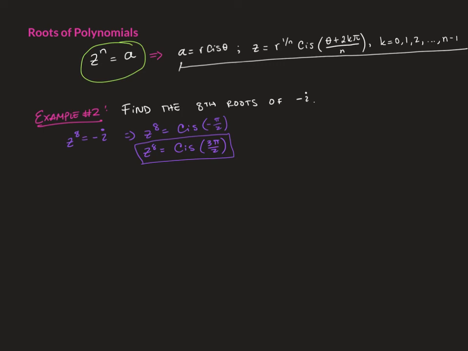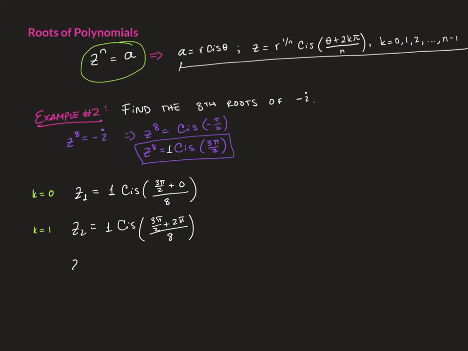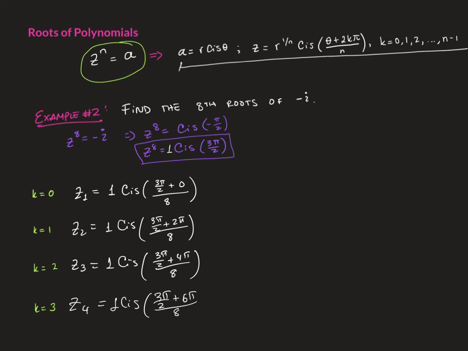So what we're going to do next is say z1 is going to be, the modulus of this is still 1, so this should be 1 cis of (3 pi by 2 plus 0) divided by 8. z2 is 1 cis of (3 pi by 2 plus 2 pi) divided by 8. z3 is 1 cis of (3 pi by 2 plus 4 pi) divided by 8. z4 is 1 cis of (3 pi by 2 plus 6 pi) divided by 8.